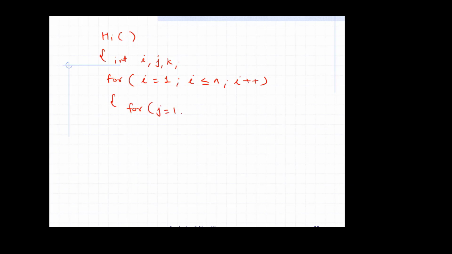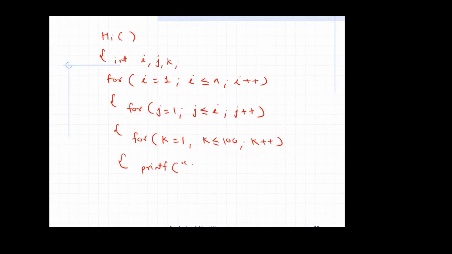It is limited by the value of i. So j goes up to the current i, and we increment it by 1 every time. And we are also going to have k, but that k is limited by the value 100. k plus plus.